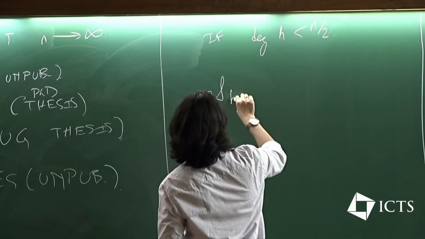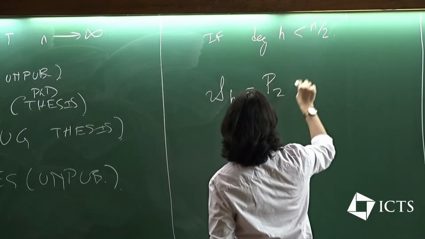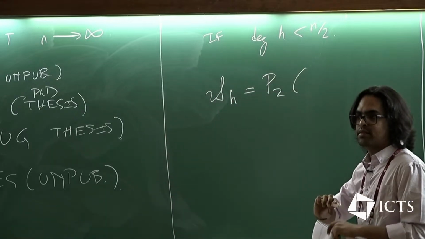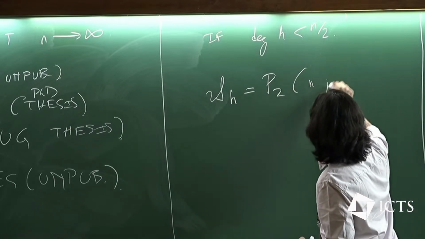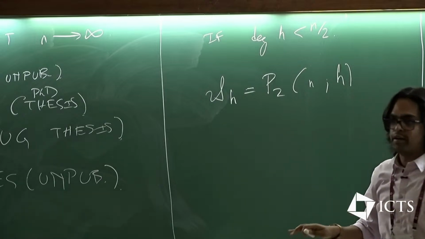So no error terms. It's exactly equal to a polynomial in the log of the size. The log of the size is q to the n, so it's basically just a polynomial in n. And no error terms, okay?